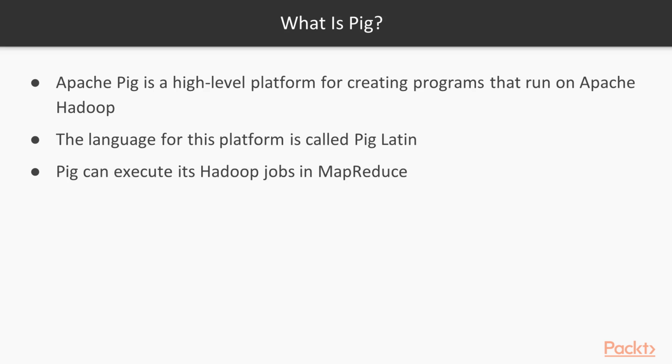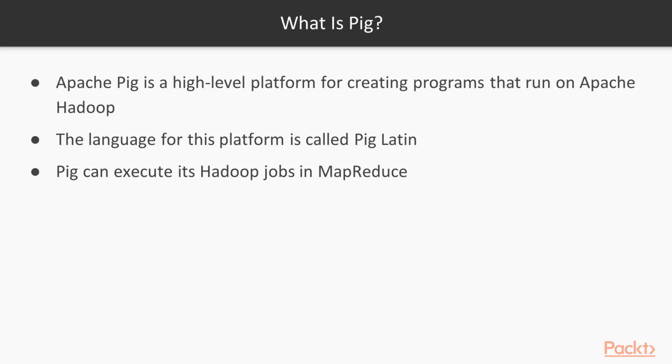Pig can execute its Hadoop job in MapReduce. Now, over here, we can see Pig as a high-level platform which can use MapReduce to perform the Hadoop jobs. Rather than programming in Java, we can program in Pig Latin, which is the language for Apache Pig.